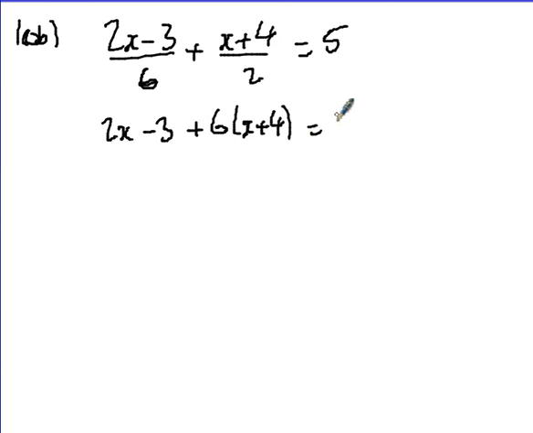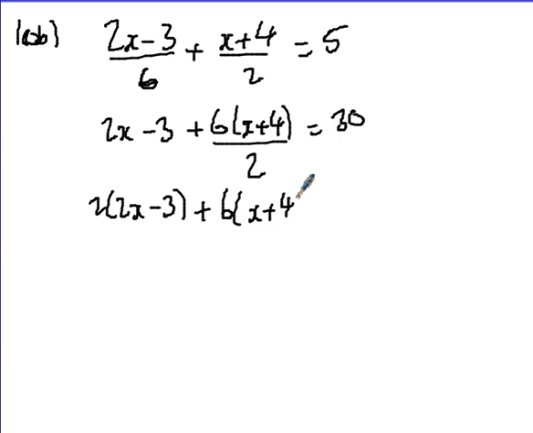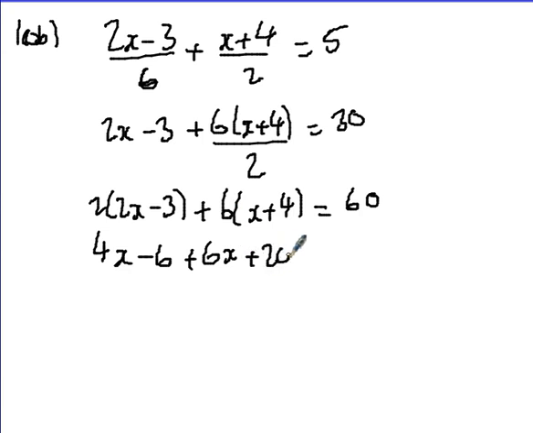And then 6 times 5, which is 30, remembering this is still divided by 2. And then times this side by 2, so we get 2 lots of 2x minus 3. This then stays as 6, and then we times the 2 up this side. Times your 2 into your bracket, 4x minus 6 plus 6x plus 24 equals 60.